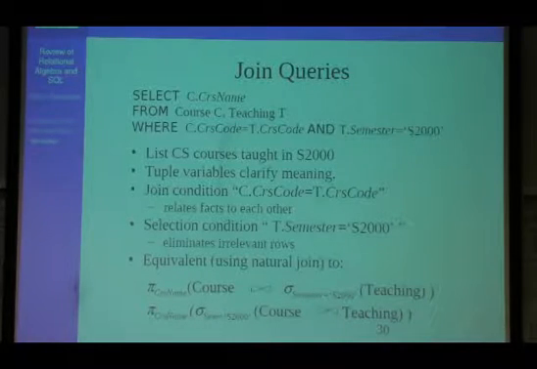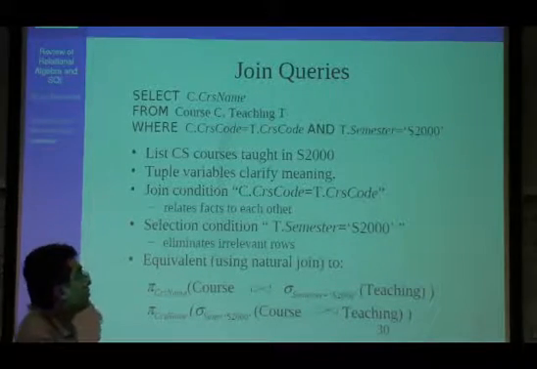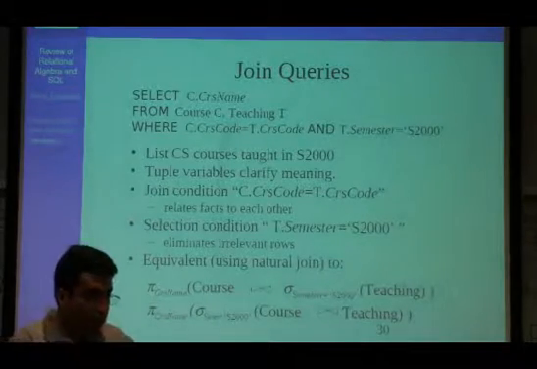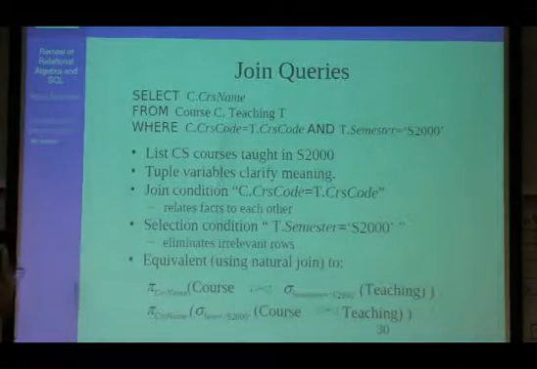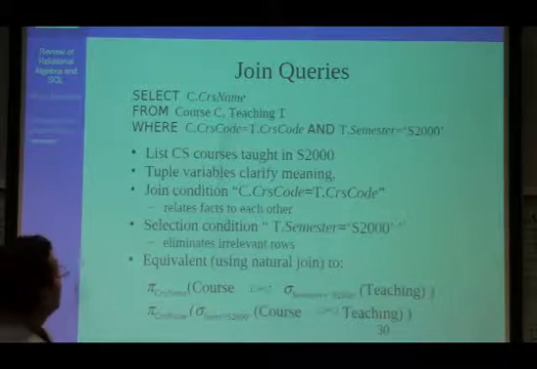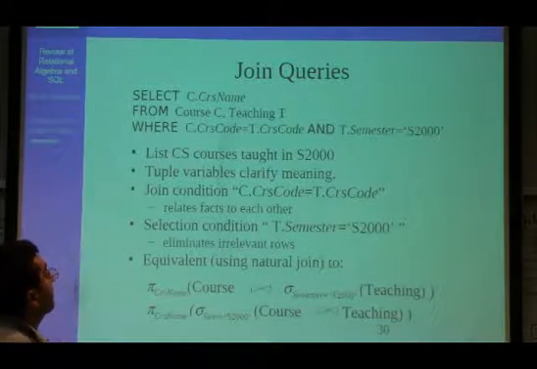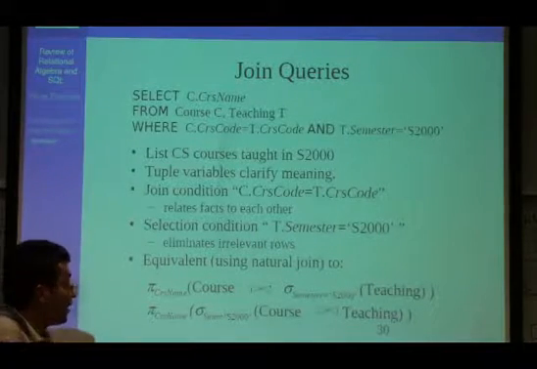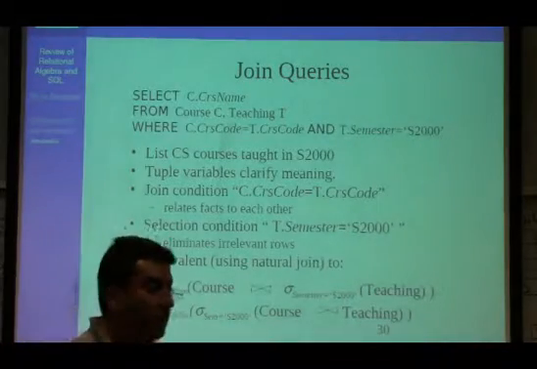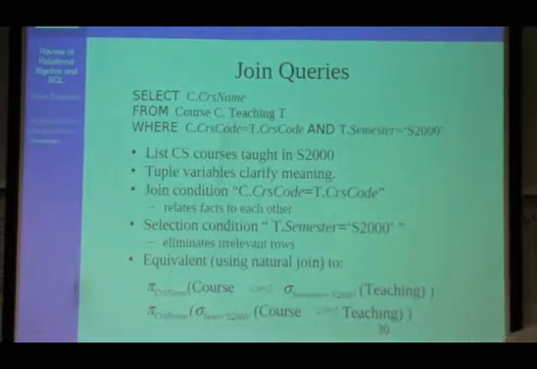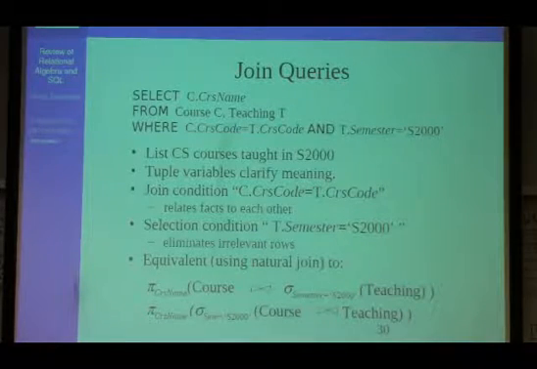So now it is time to consider join queries. Suppose that we have two tables in the from clause, table course and table teaching. If we have two tables, by default, the result of the select will be the Cartesian product of these two relations.